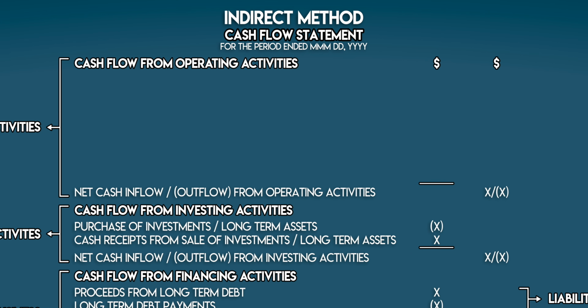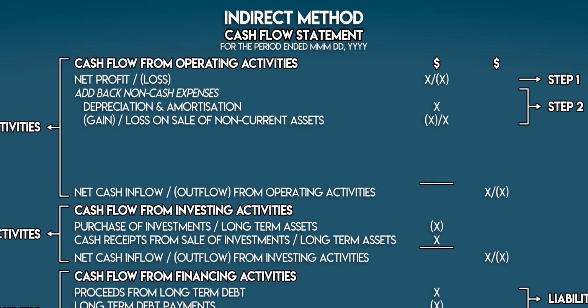The indirect method always begins with the net profit or loss from the income statement. Then in step 2, we add back all the non-cash expenses that appear above it. These don't represent cash outflows and they need to be reversed out. The usual suspects are depreciation and amortization, and any gain or loss on the sale of non-current assets or long-term assets.